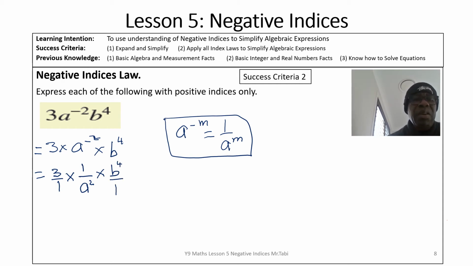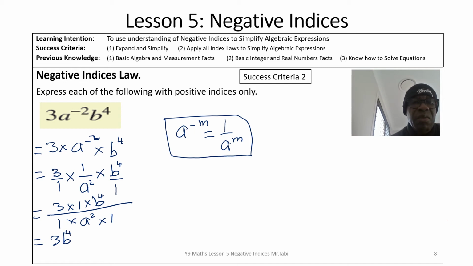I can multiply all the numerators together and all the denominators together. So I've got 3 times 1 times b to the power of 4, all divided by 1 times a squared times 1. 3 times 1 is 3, and multiplied by b to the power of 4 becomes 3b to the power of 4.